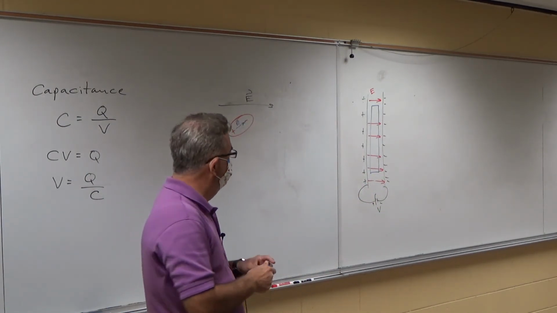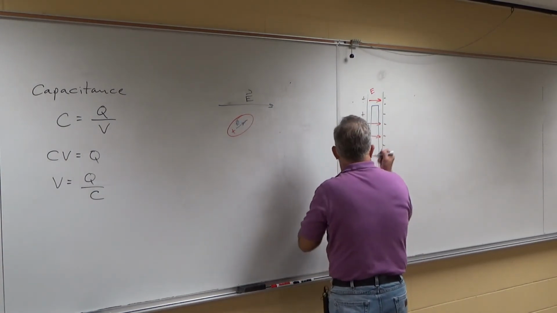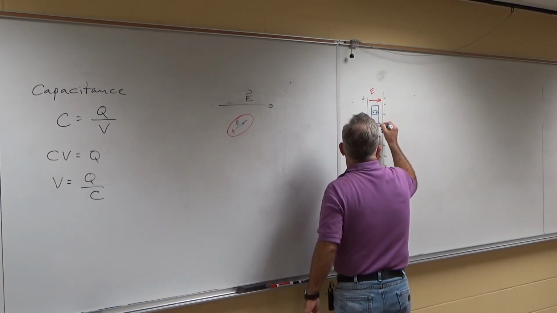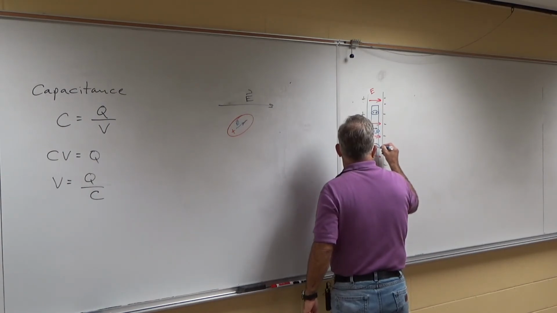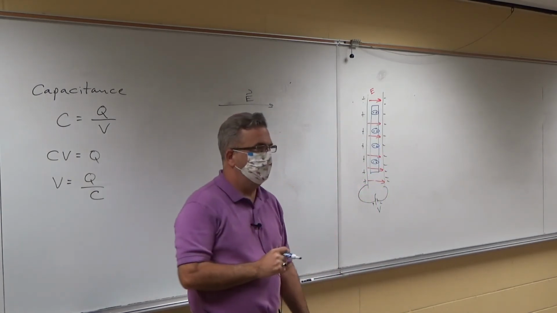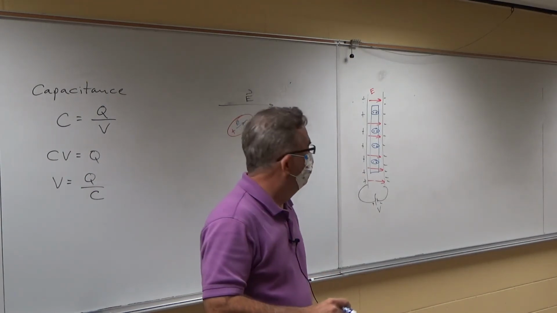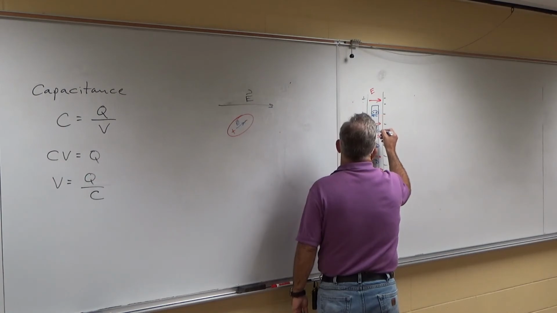What's going to happen? Those dipoles are going to line up such that the positive charge, I know maybe you can't see this, is over here on the right, and the negative charge is on the left. Those little dipoles start lining up. They have an electric field in this direction.